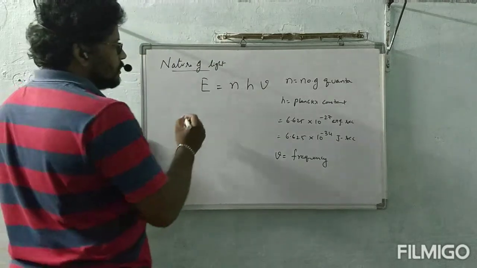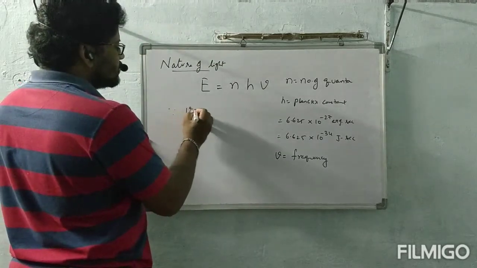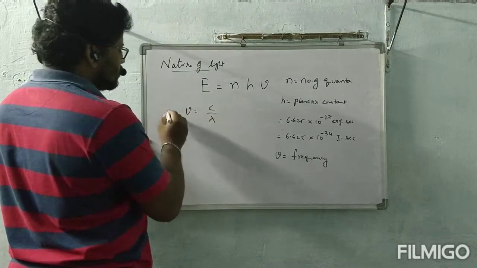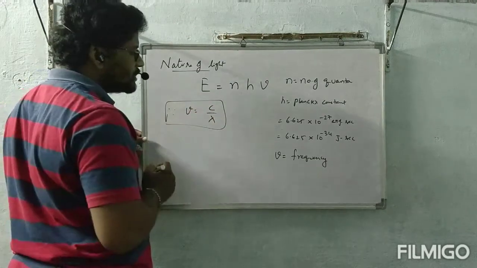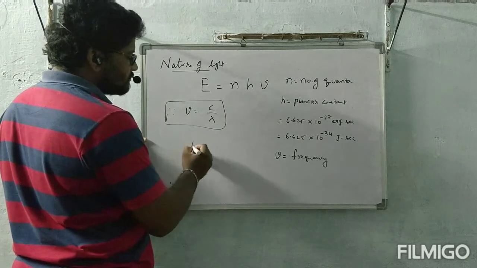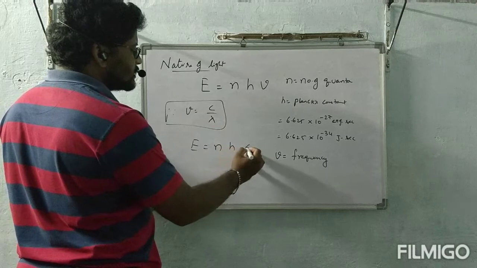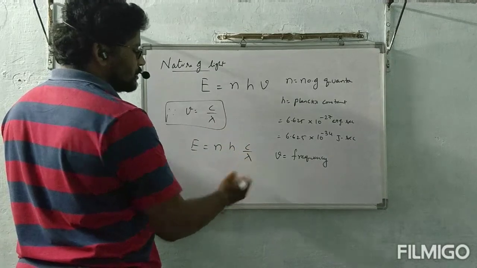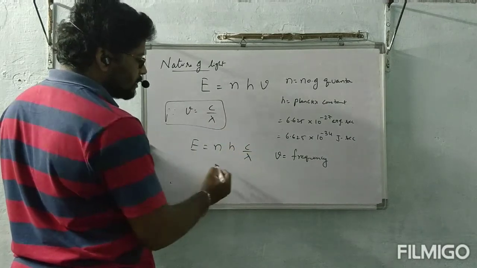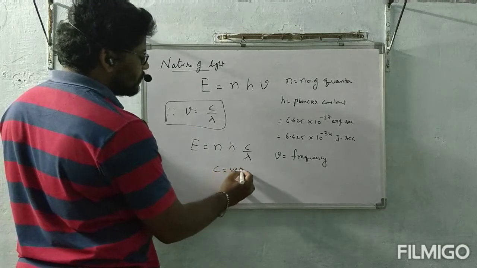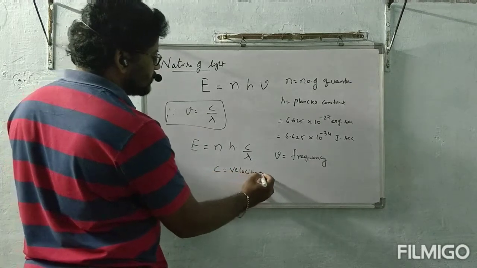Now since nu is equal to C by lambda, we know the formula, this formula will become E is equal to N h C by lambda, where C is equal to the velocity of light.